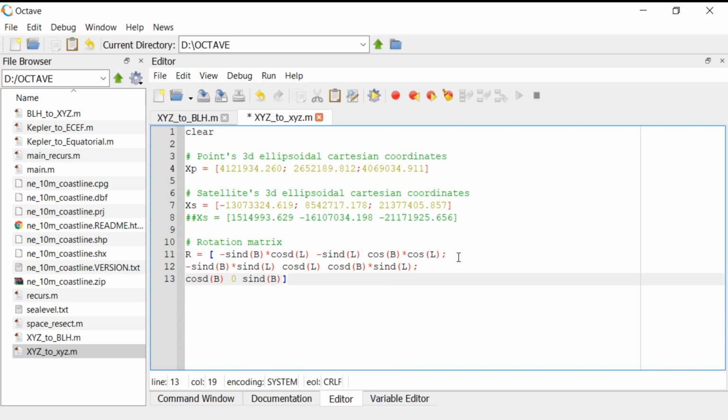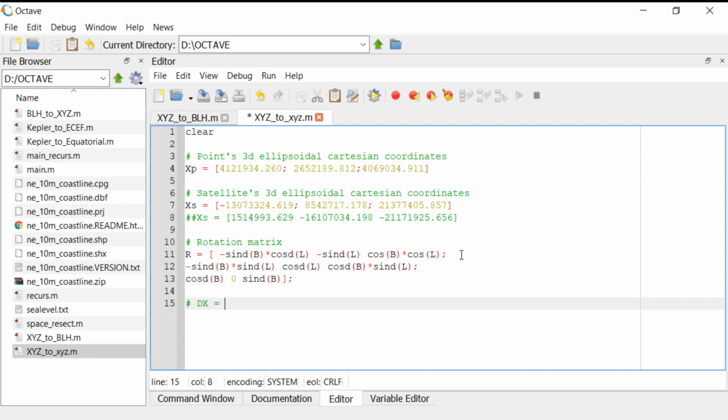So this is our rotation matrix, and let's give the definition here. It gives the transformation from a local system to a global system, of course, for the vector differences. So let's define these vector differences, for example, dx.